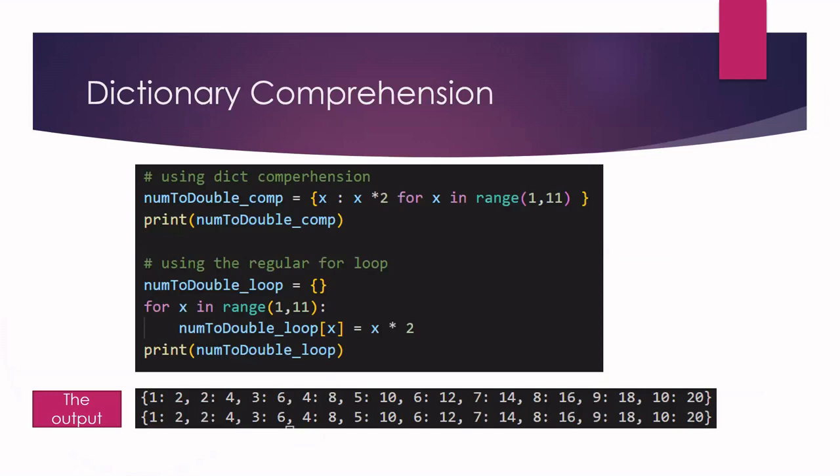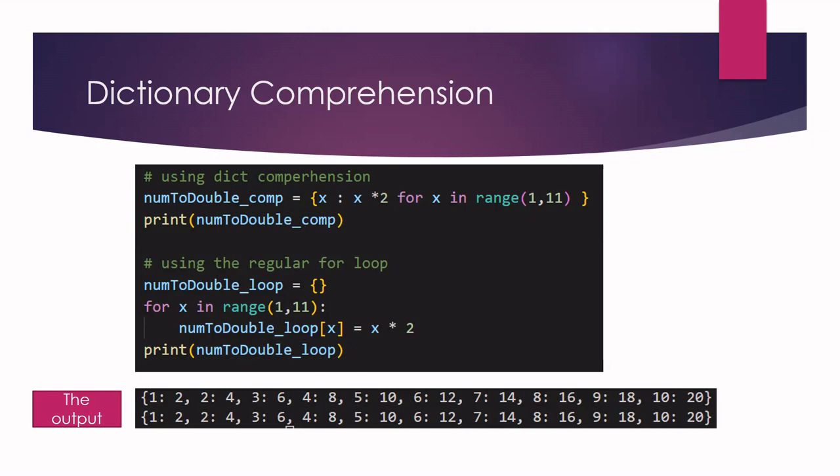And similarly, just like we were able to use comprehension for a set, we can use comprehension for the dictionary, again using the curly brackets, but the expression itself will distinguish whether it's a set or not.